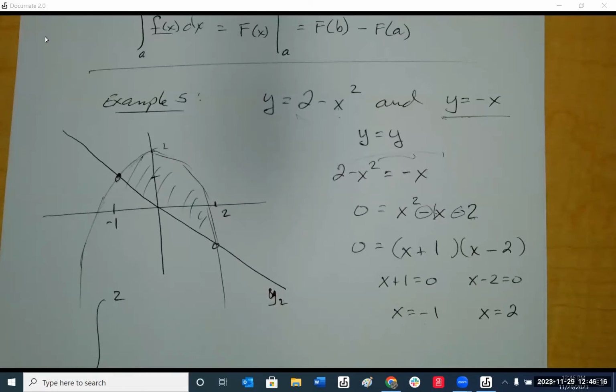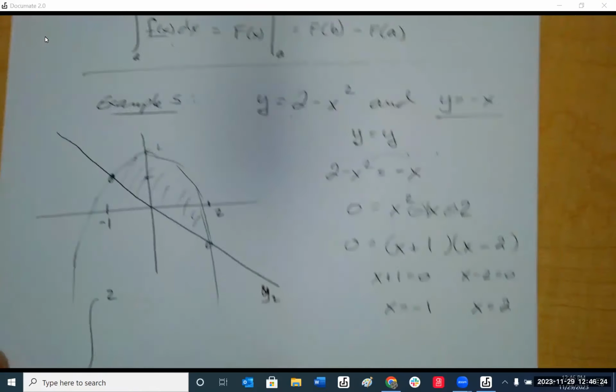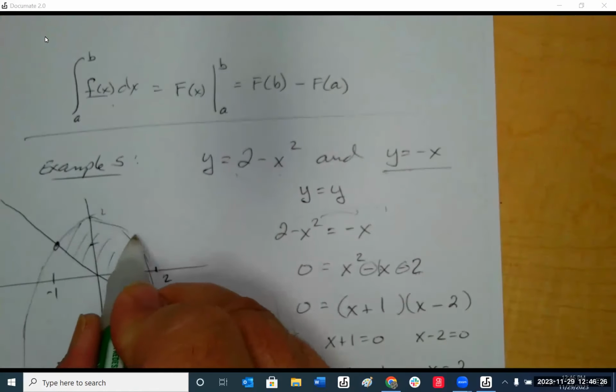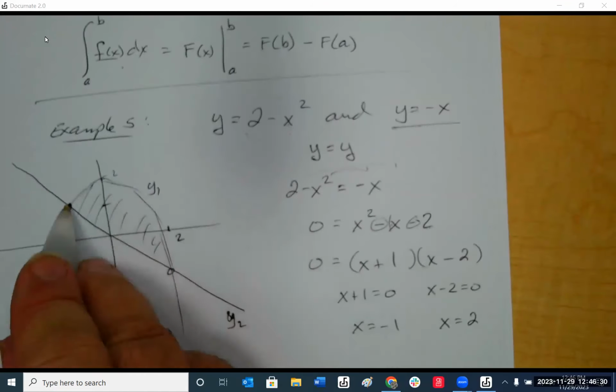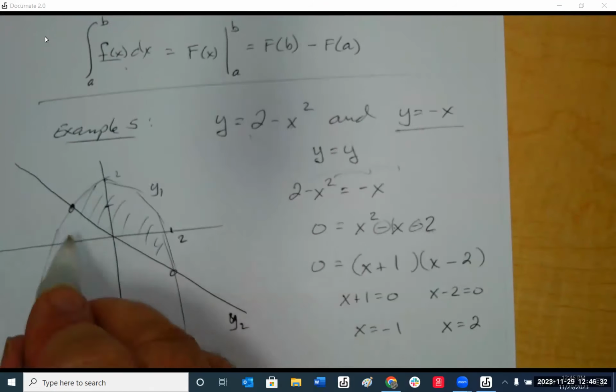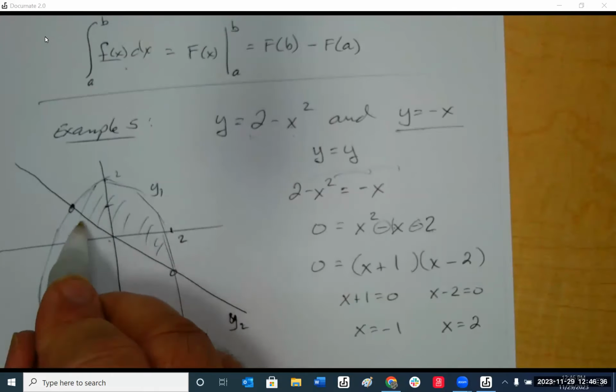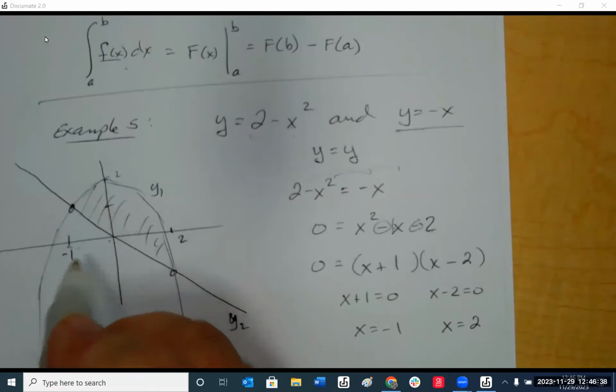And right. So then we integrate 2 minus x squared. Well, now we have to integrate the two different functions. This one is y1, this is y2. So we take the top one. Well, we have a couple of options. We could do it from here to here, where we subtract them.